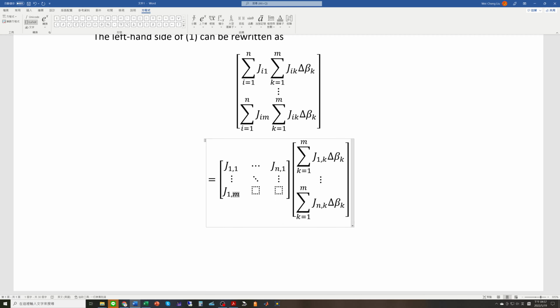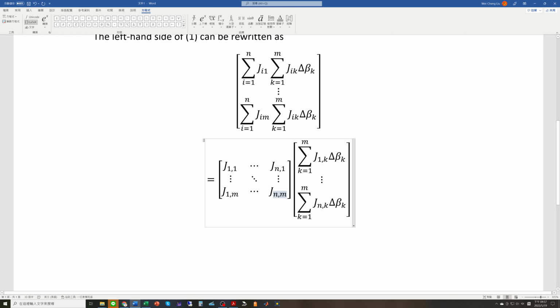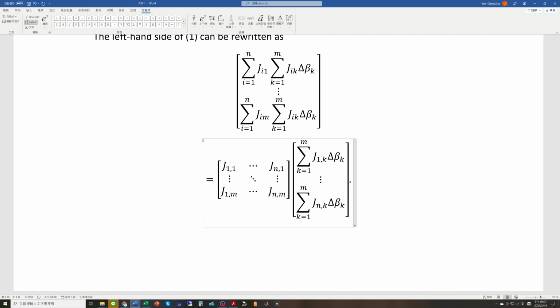Okay, italic, and horizontal dots, and Jn1 copy to here and change the second element to m. Okay, good.